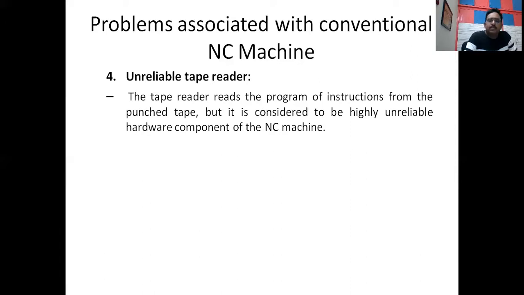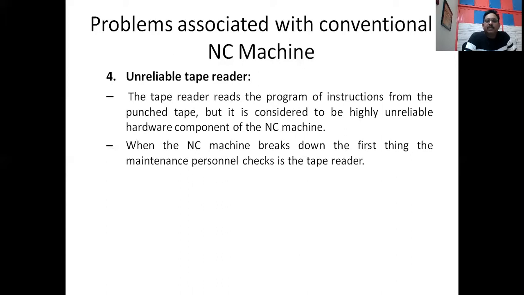That is the major problem. When the machine breaks down, the first thing maintenance persons generally check is whether the tape reader is functioning properly. Whenever there is an NC system breakdown, the maintenance people first come and check the tape reader. That means unreliability with the tape reader.